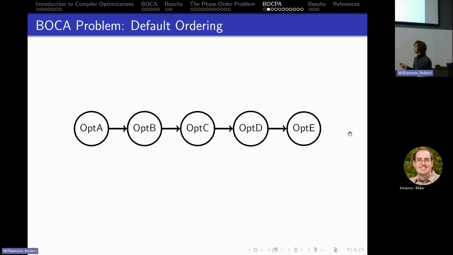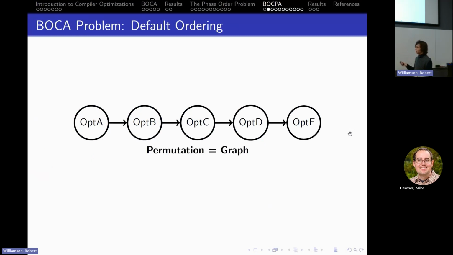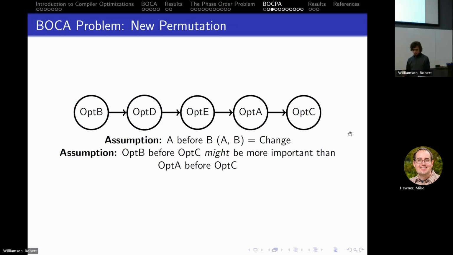We can represent it as a graph, just permutation equals graph. So if we have optimization A, B, C, D, E, this would denote that A has to come before B, B before C, and so on and so forth. My research deals with a very essential assumption that for a new ordering, B coming before C might denote most of the change in the runtime.